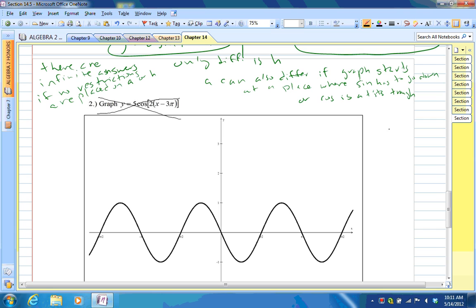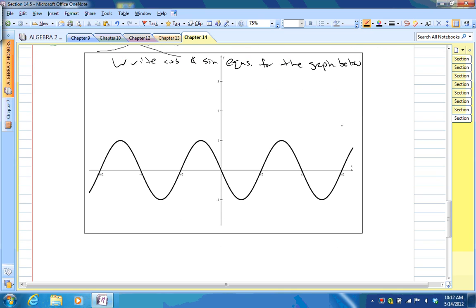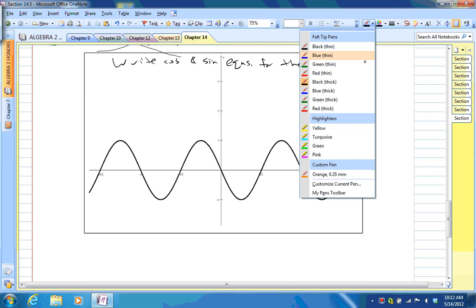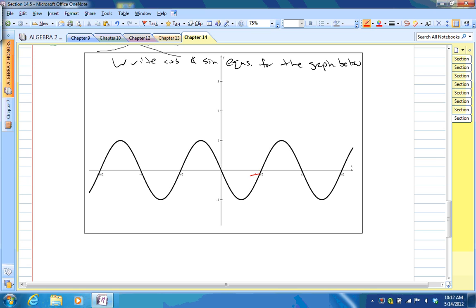So what we want to do is write cosine and sine equations for the graph below. Okay. Again, let me label this, because it's a little hard to read. Pi over 2, pi, 3 pi over 2, negative pi over 2, negative pi, negative 3 pi over 2. 1, 2, 3, and -1.